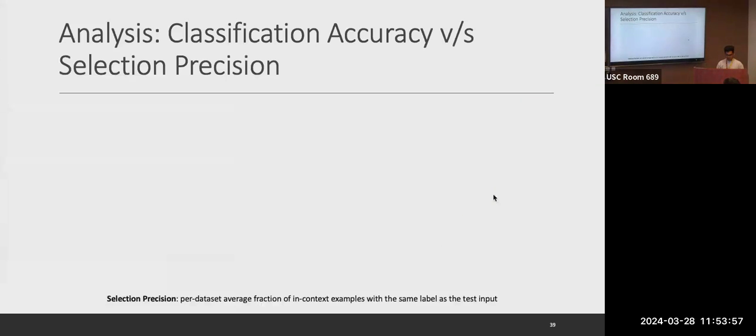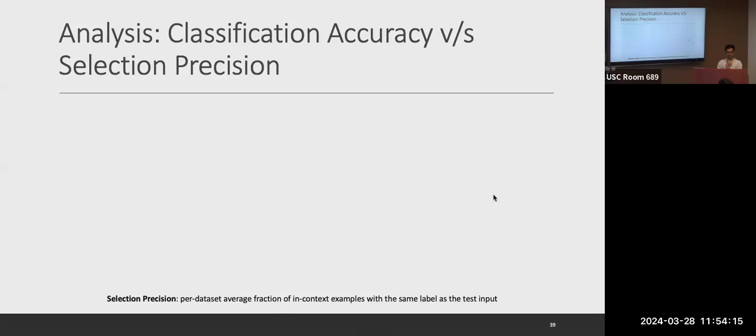Right. Okay, so some good things, but we also identified something really interesting while analyzing the performance of these models. So I'm going to be plotting the classification accuracy versus the precision of the different selection methods for classification tasks.